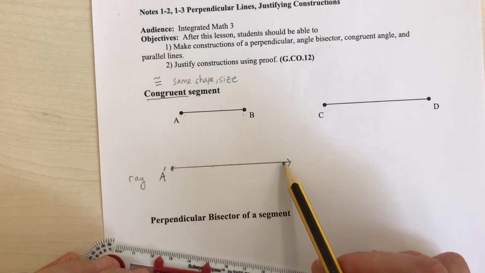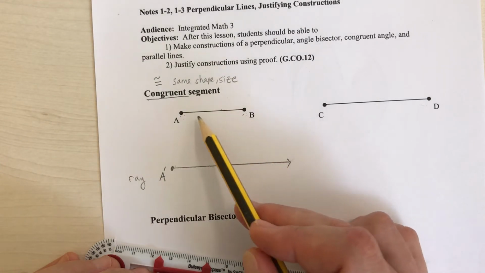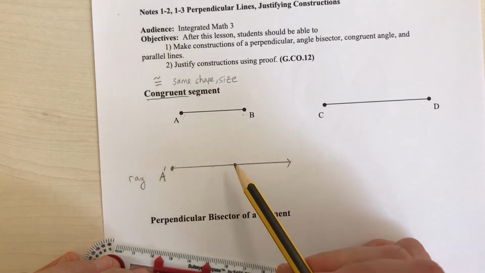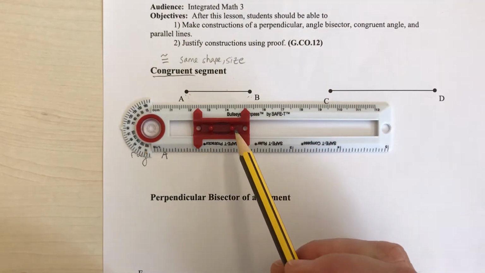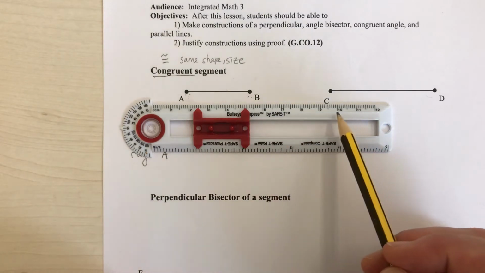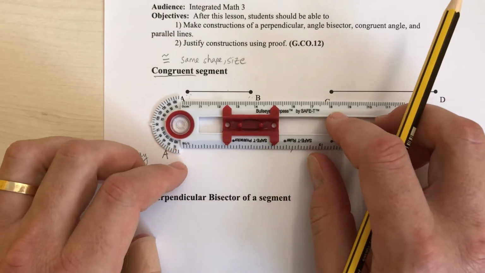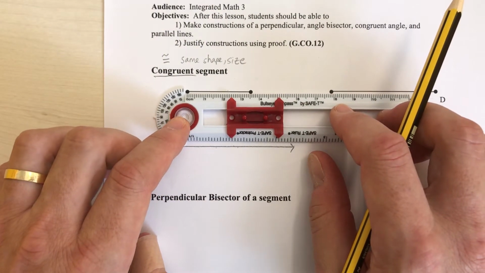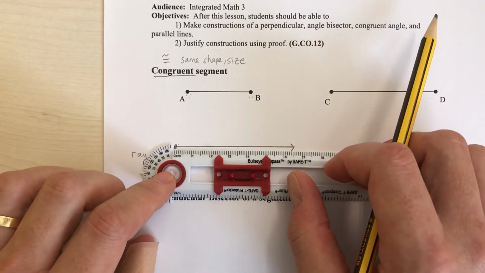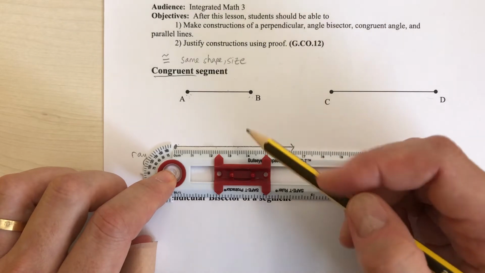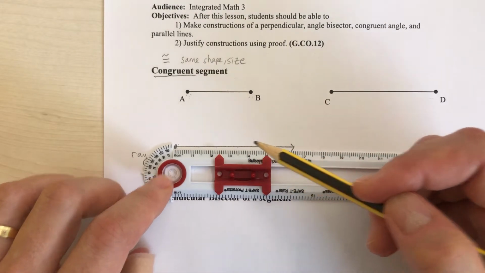Obviously, this is longer than AB. So I need to figure out where to put B prime. Now you might be thinking, if you look at my compass here, it has a ruler on it. And you might say, Mr. Cavell, why don't I just measure this, which is about 3.5 centimeters, and then I can do 3.5 down here and put a point there, and then I'm done.